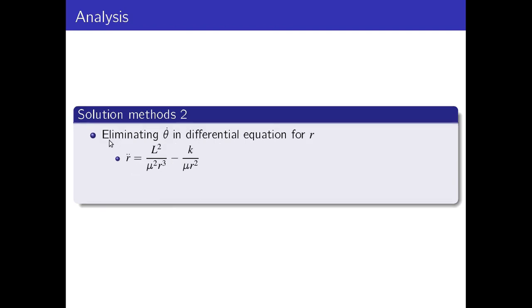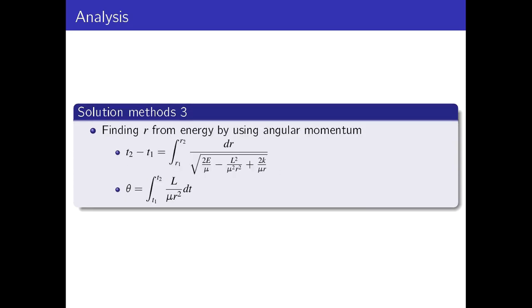Another solution method is eliminating theta dot in the differential equation for r in the first method, and one can obtain a single differential equation. One can solve this differential equation numerically and obtain r, and then by using that result one can find theta dot, and by integrating theta dot one can find theta.